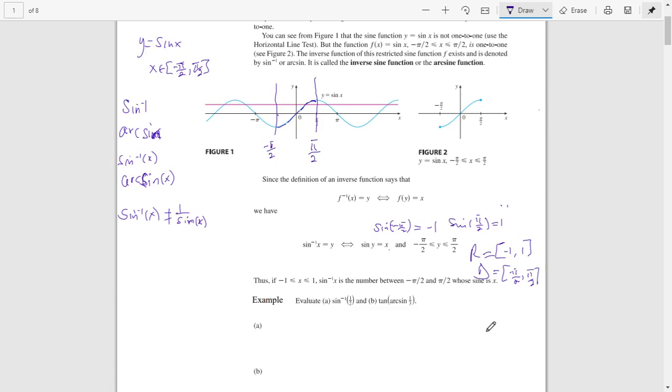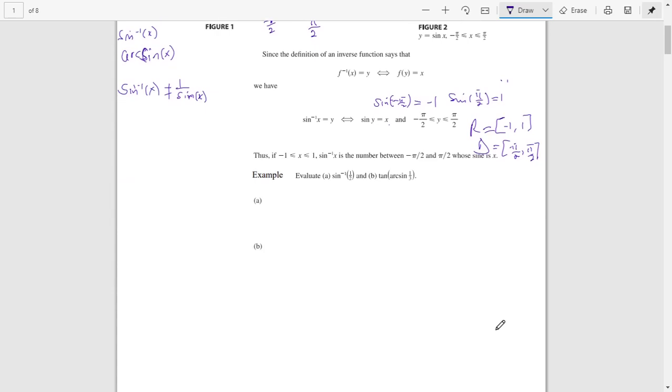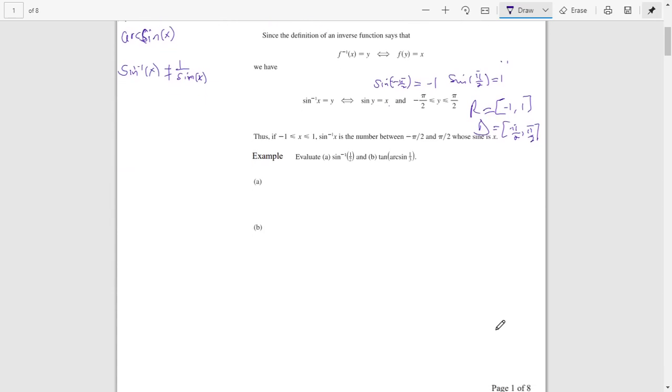Now, with this in mind, we can solve some problems involving inverse sine functions. The first one asks us to evaluate the inverse sine of 1/2. Well, since you've done trig before, you will know that inverse sine of 1/2 is equal to pi over 6.